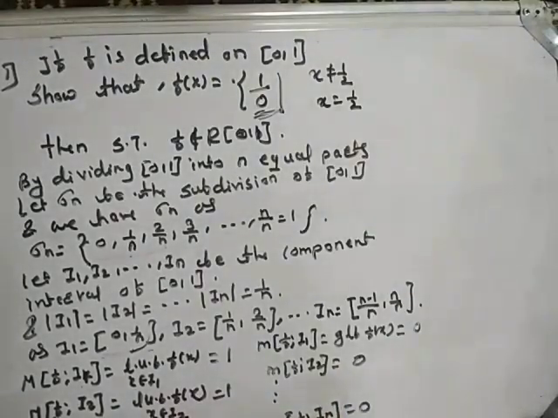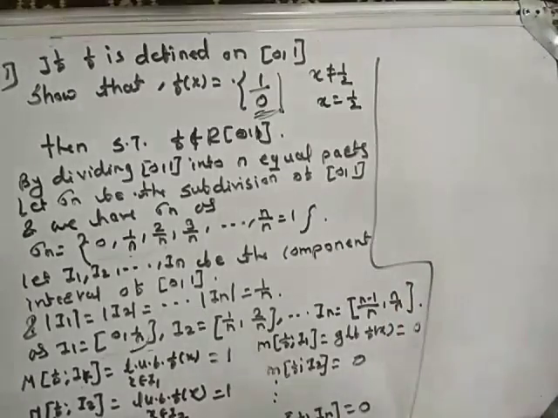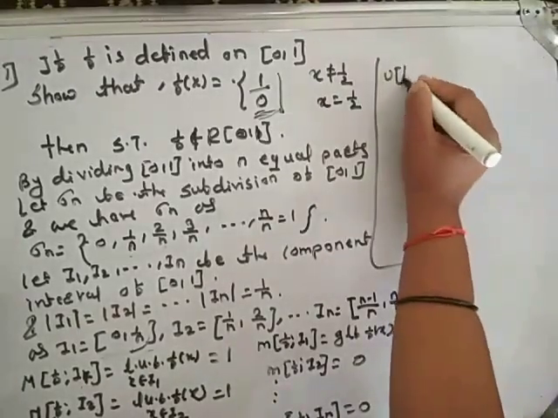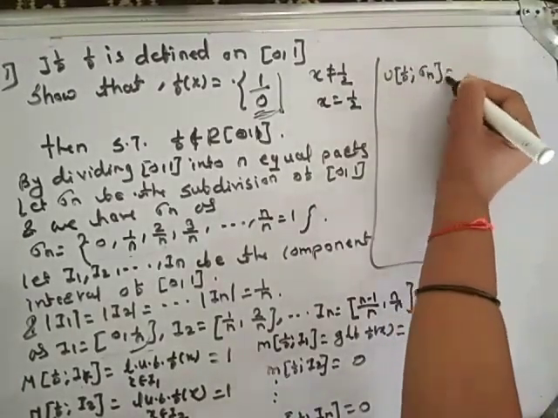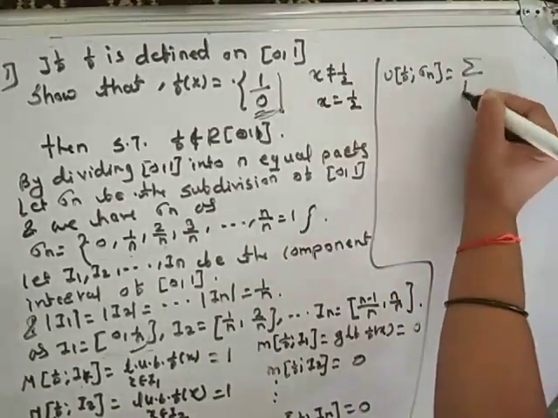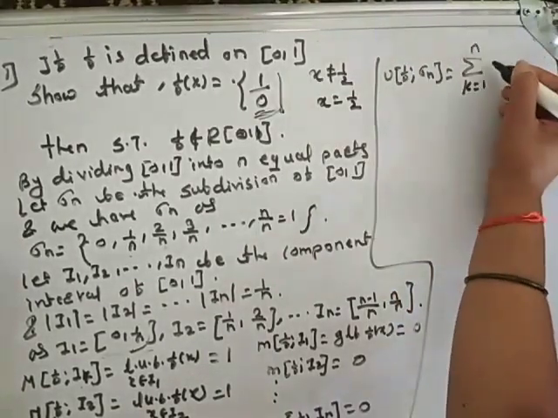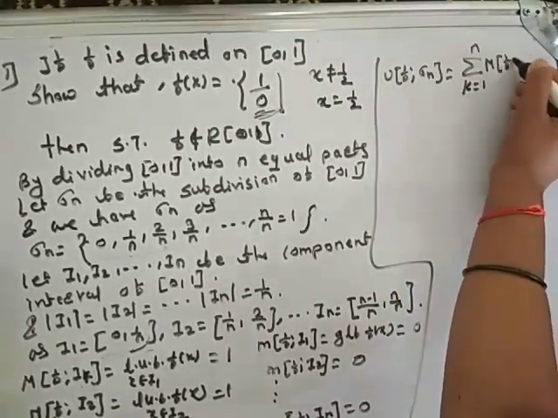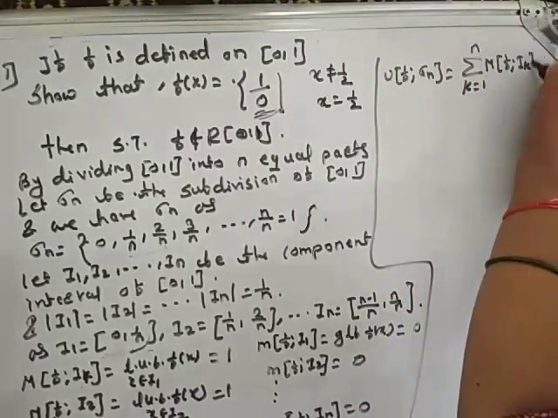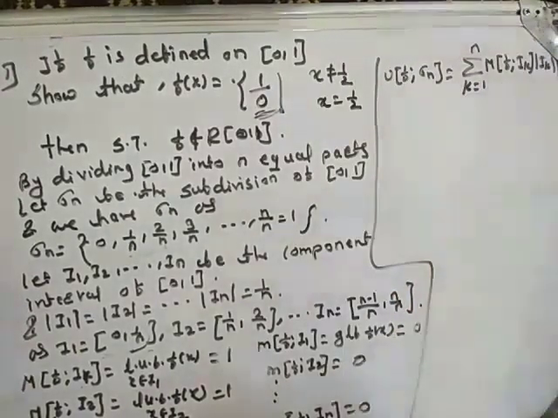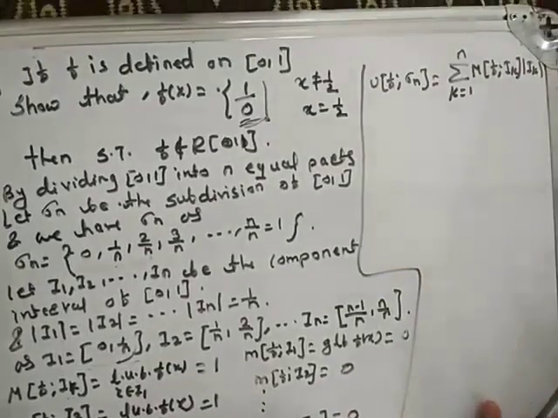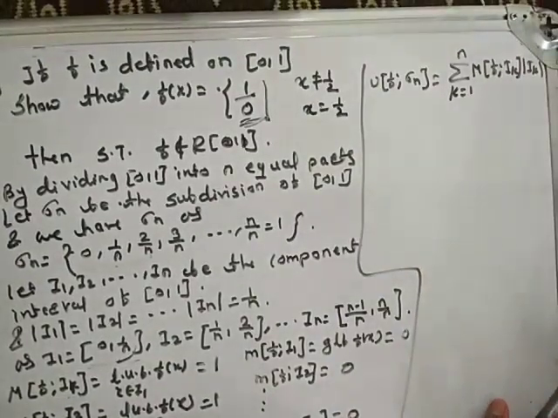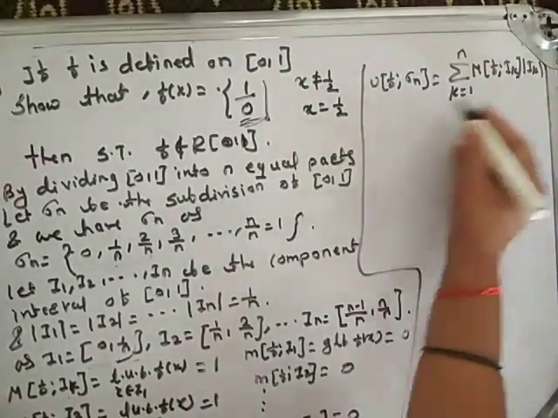Okay. Now write down the formula of U(f, sigma n). That formula is summation k runs from 1 to n of M(f, Ik) into |Ik|. Okay. Now put all the values.